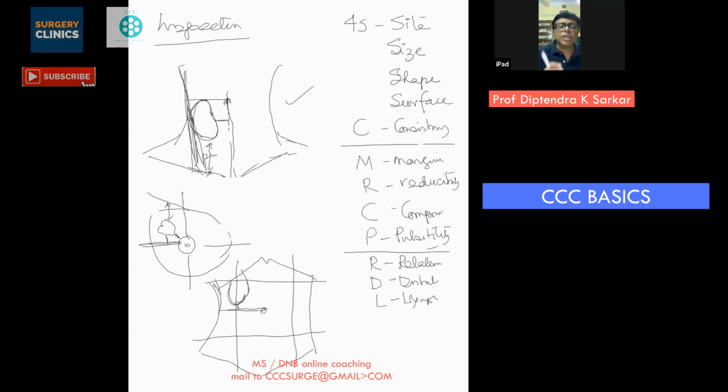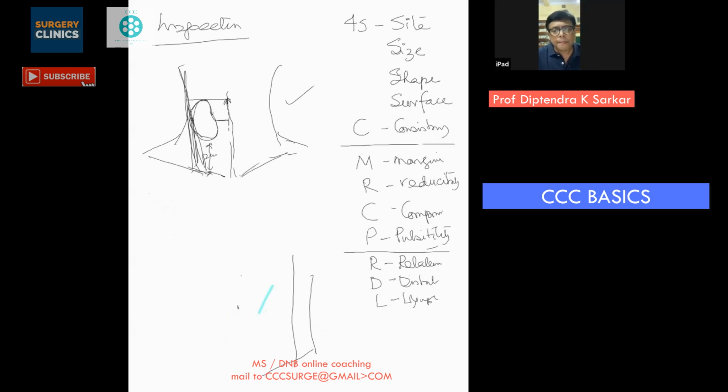Now try to understand how exactly you are going to describe a margin. Now I give an example. Always when you are looking at a margin, quite often you do not get all the margins very well defined.